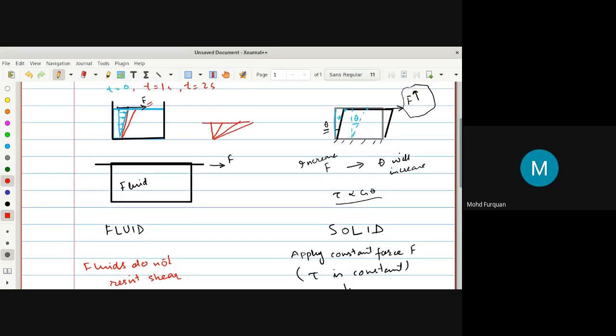When you applied F, the solid resisted its motion due to F. There was an effect of F initially, but it resisted and maintained itself at a level. In case of fluid, it cannot maintain itself at any level. Once you apply F, it will keep on deforming, it will keep on moving.